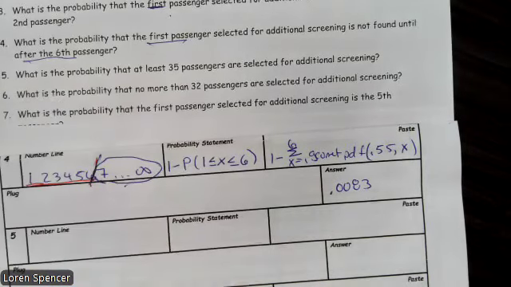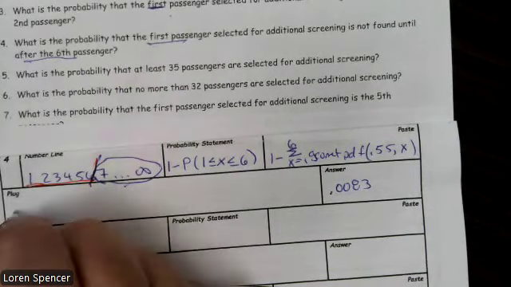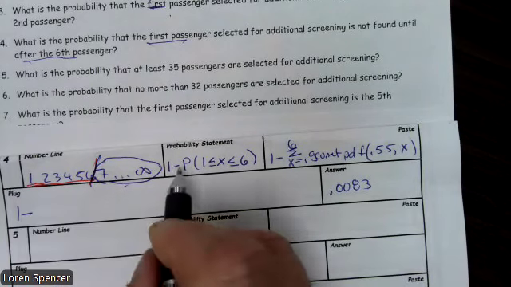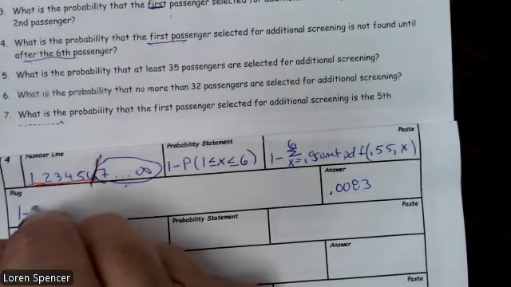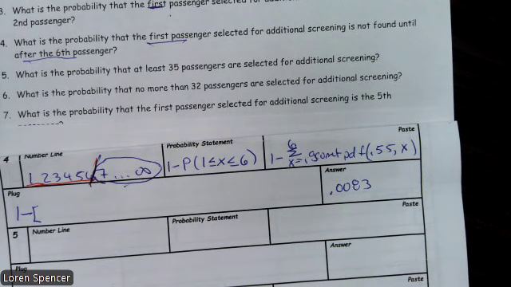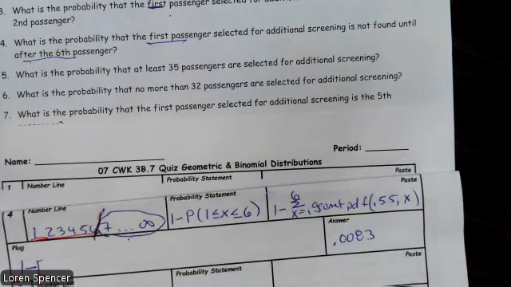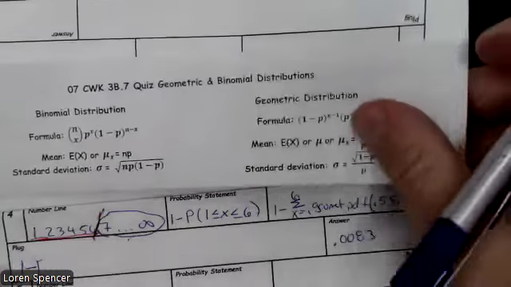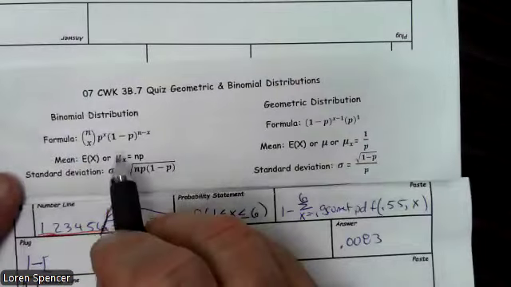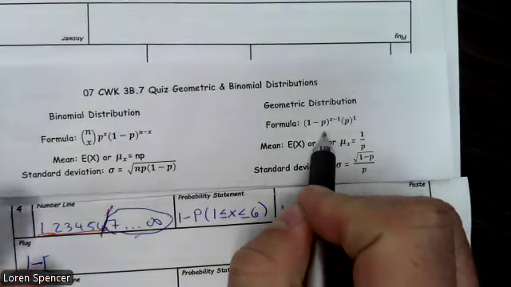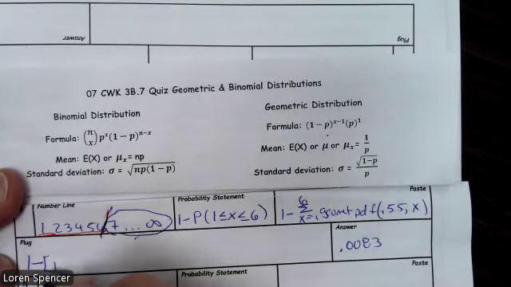0.0083. Then I need to show my work, which is going to be a 1 minus, because that's what we have. We use a bracket here. All right. And now I need to refer back to my formula. And our formula is this. So 1 minus our 0.55.